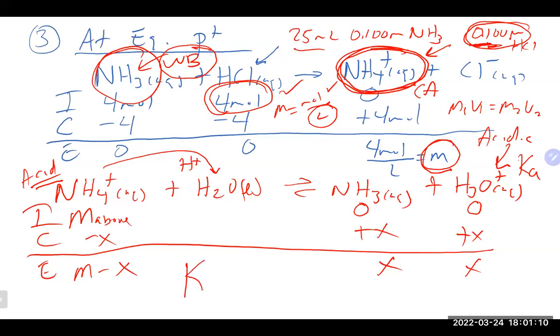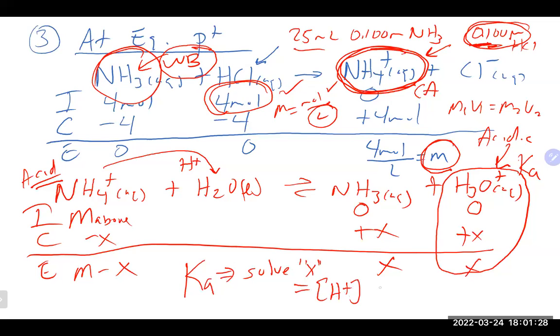As you said, we are going to go into our Ka expression using the Ka value. We're going to solve for x, however we want to do that. And now in this particular case, when we look at the ice table, x actually does equal the H3O plus concentration, which means that really is the H plus concentration. That means at that point, you can go into your pH equation to get the pH.